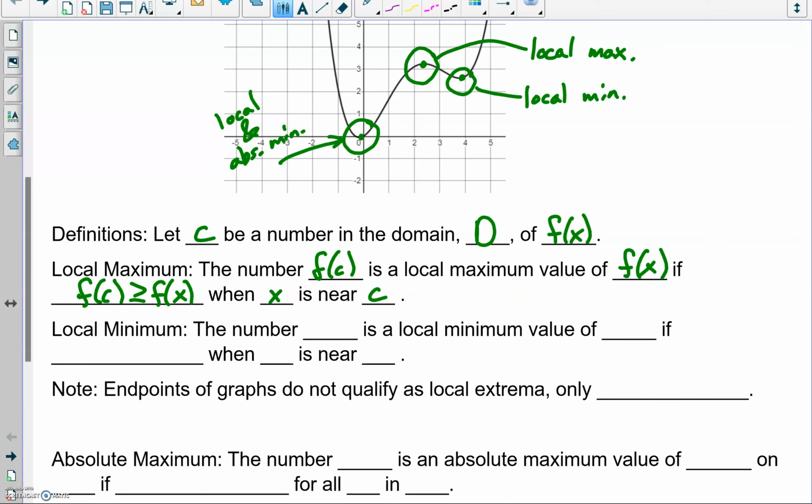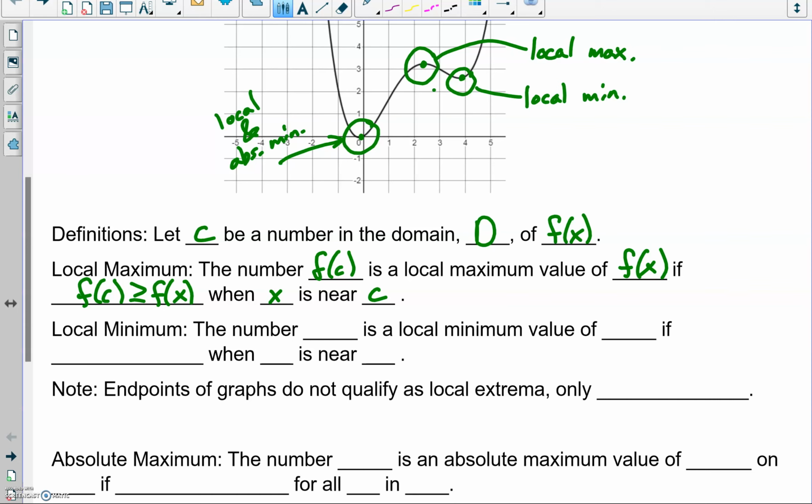So basically, this is just saying what I showed in the picture. The y values for local maximums are going to be bigger than all the other y values right around them. Looking up here at the graph at this local max right there, you can see that y value for that point is bigger than the y values right around it.